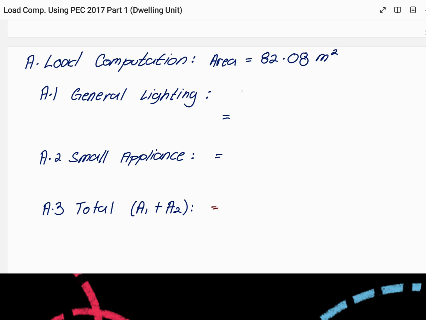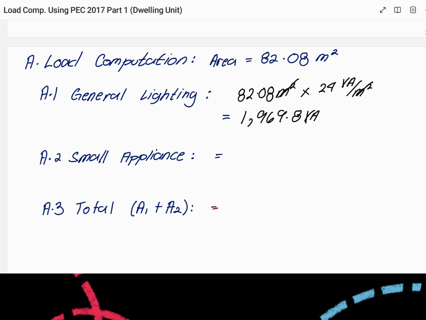So we have 82.08 for our area multiplied to the 24 VA per square meters. So we will cancel the square meters. So that is equivalent to 1,969.8 VA.